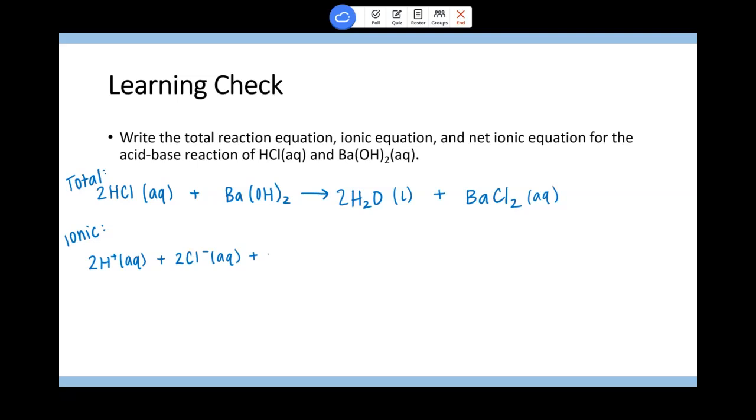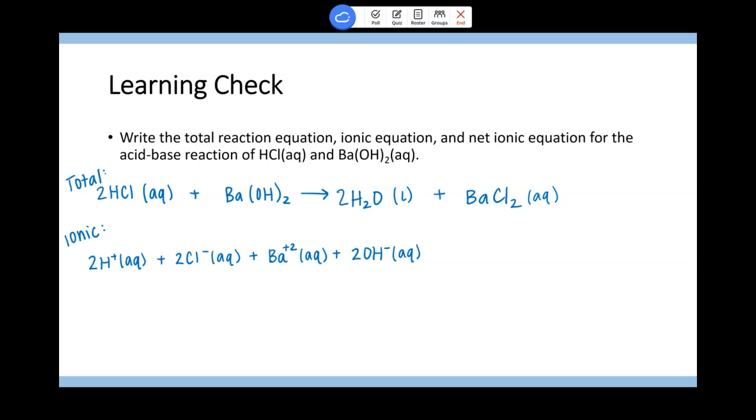We have 1 barium 2 plus cation and 2 hydroxide minus 1 anions because of that subscript. So we take into account both subscripts and coefficients to multiply the ions present.